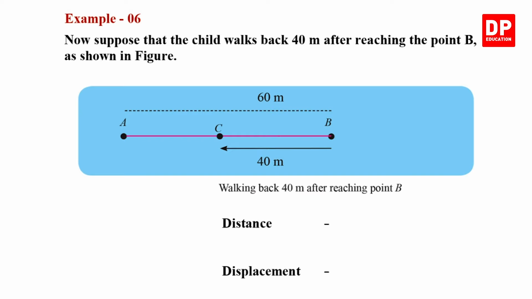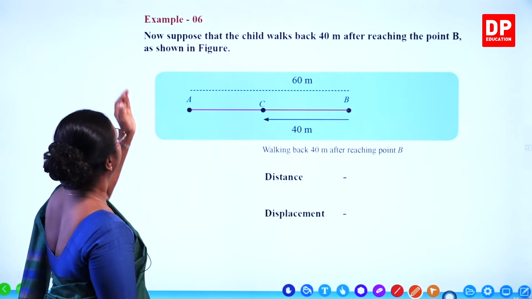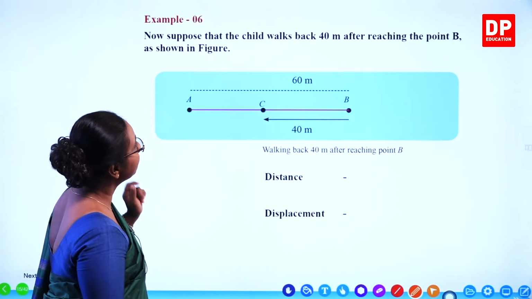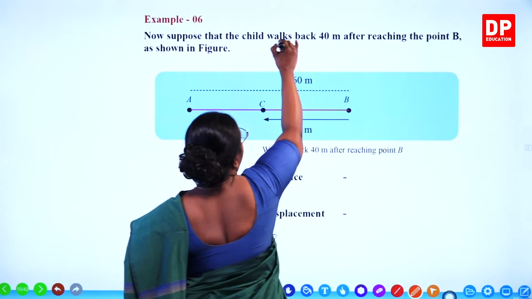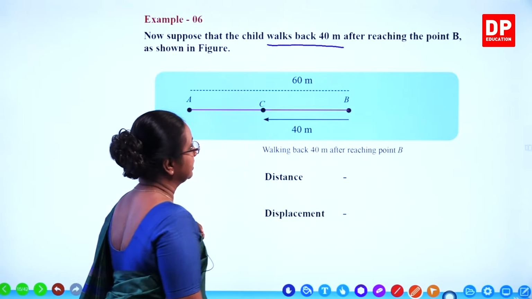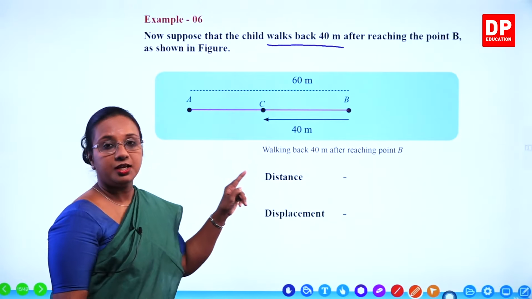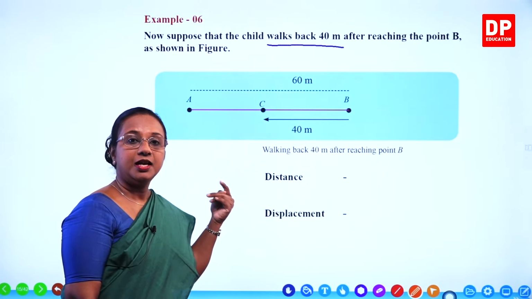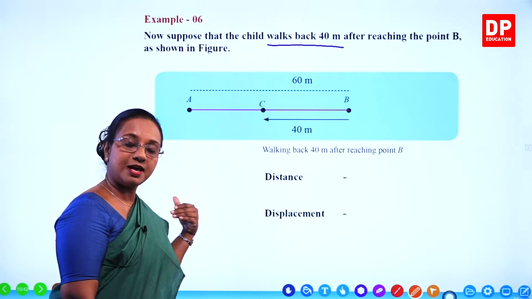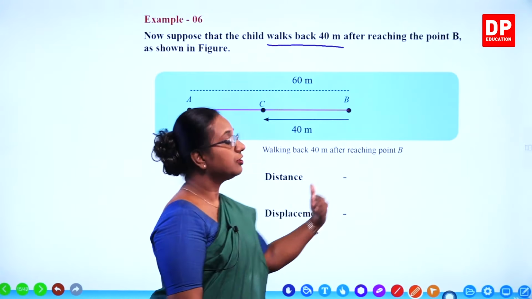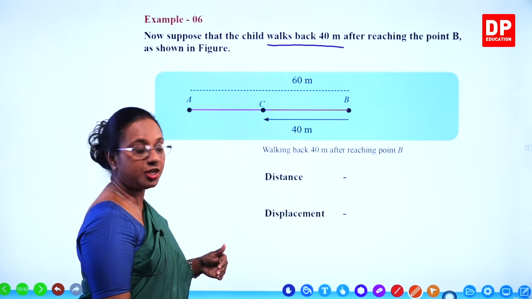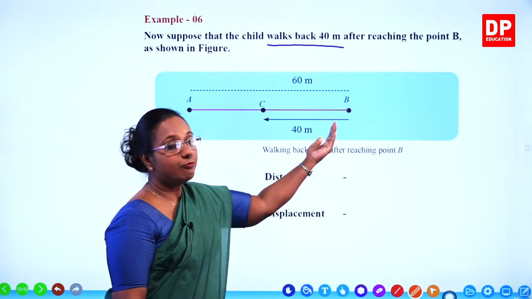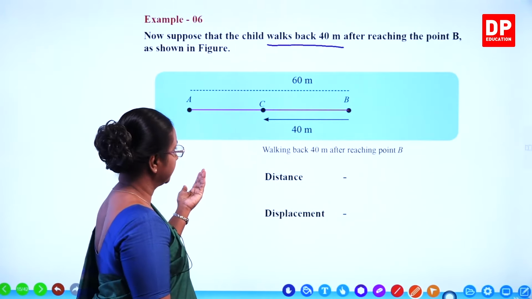Now the child decides to walk back. Now suppose that the child walks back 40 meters after reaching point B. In the previous example, the child walked further in the same direction, but now the child wanted to walk backwards.